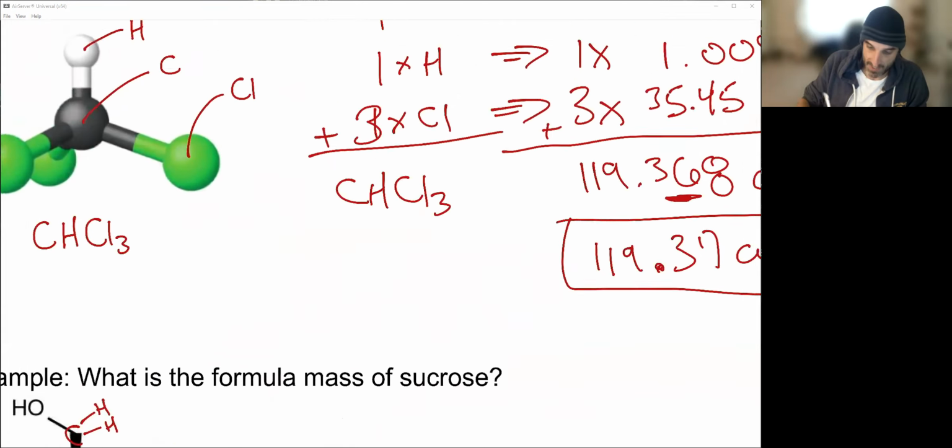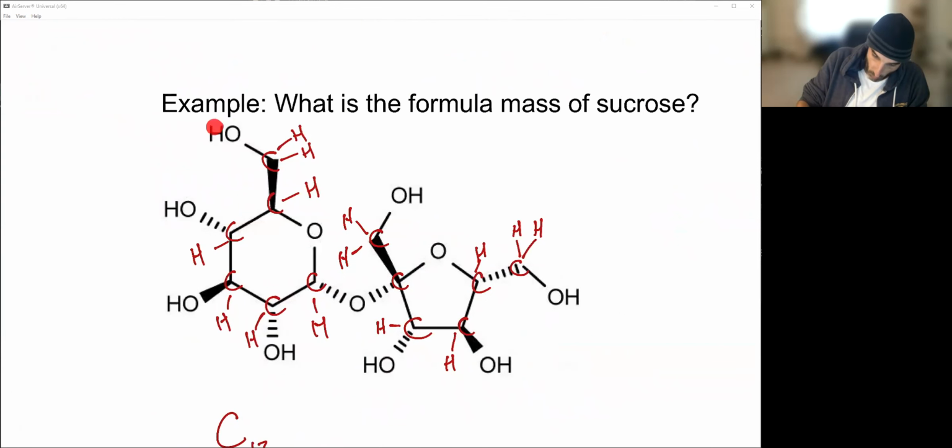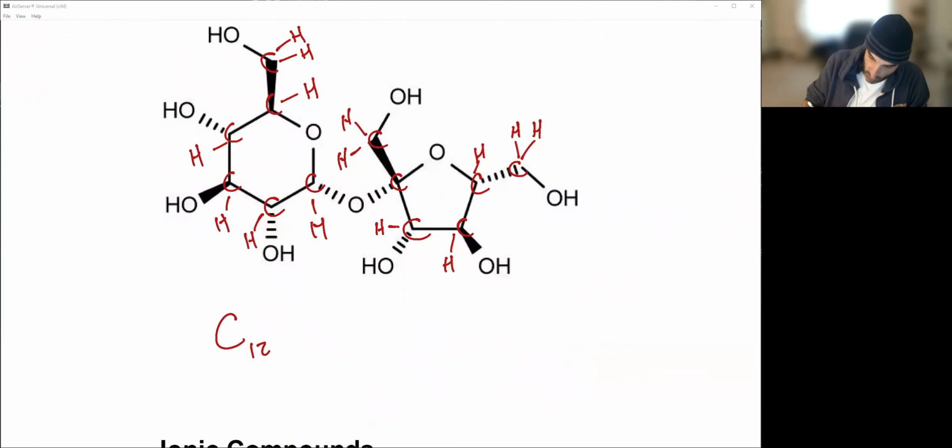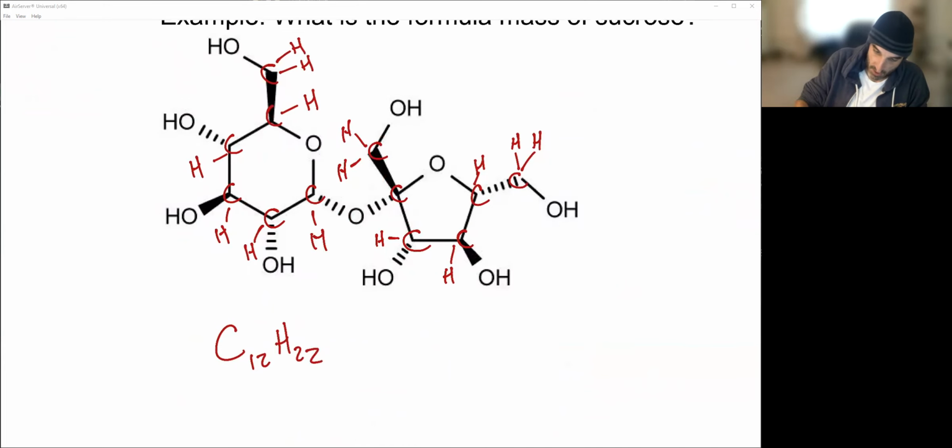Count the number of hydrogens because that's next. 1, 2, 3, 4, 5, 6, 7, 8, 9, 10, 11, 12, 13, 14, 15, 16, 17, 18, 19, 20, 21, 22. I think that is it. So I have 22 hydrogens. And now last little bit, let's count the oxygens: 1, 2, 3, 4, 5, 6, 7, 8, 9, 10, 11 oxygens.